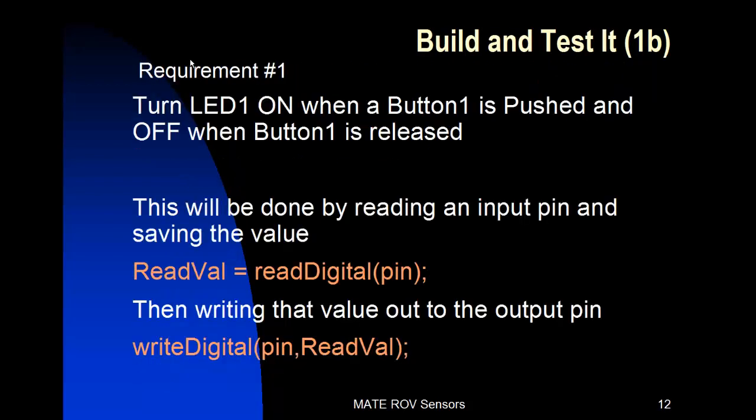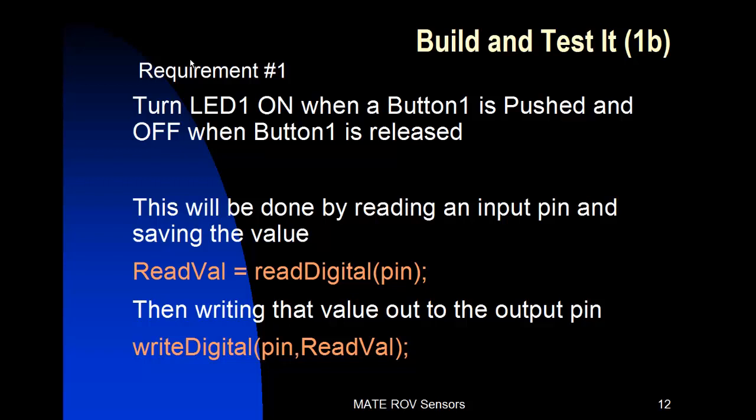So let's build and test the first requirement, and that is turn LED 1 on when button 1 is pushed, and turn off when button 1 is released. You can do this by reading an input pin and saving the value. Read val is equal to digital read and then the pin.